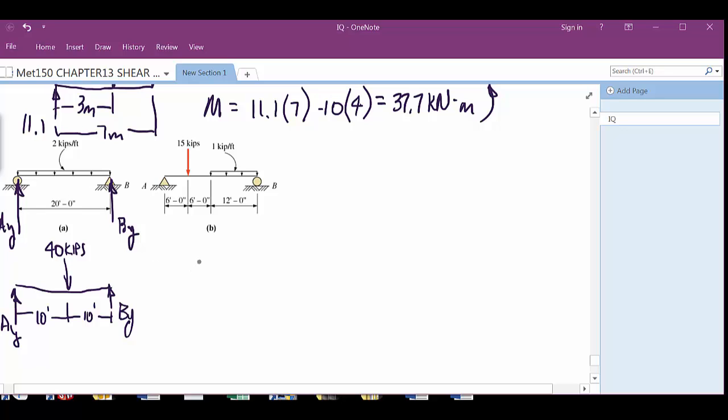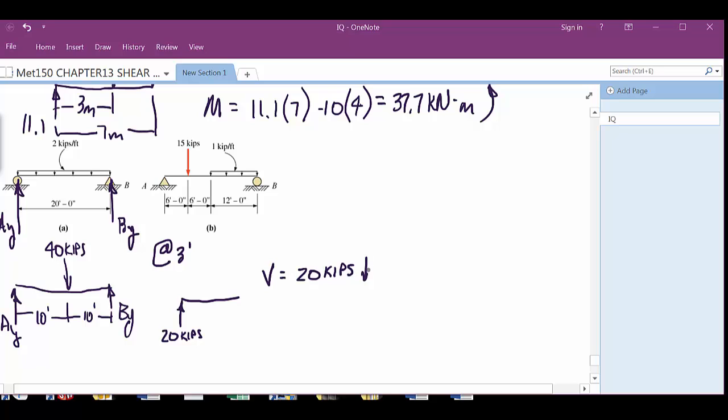So if I look at this at 3 feet, my free body diagram looks like this, doesn't it? I got 20 kips here, and that'd be about it, wouldn't it? So my shear on that is 20 kips.